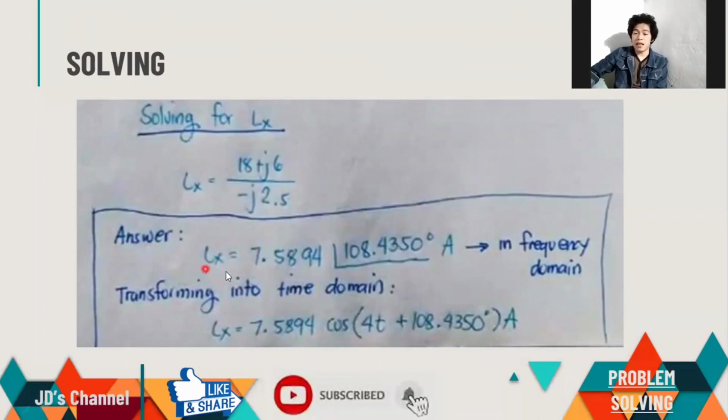This is the result in the frequency domain, so now we return it to the time domain. We get ix equal to 7.5894 cosine of 4t plus 108.4350 degrees ampere. That is our answer.